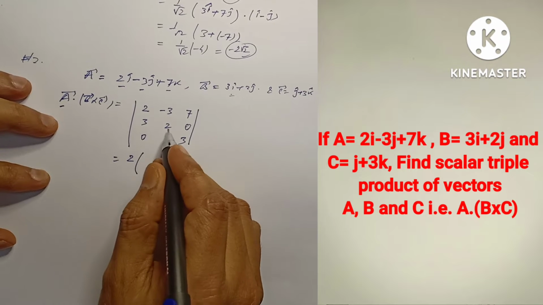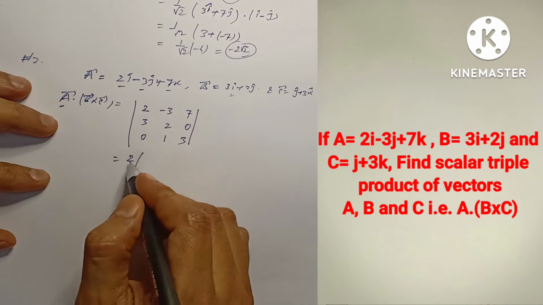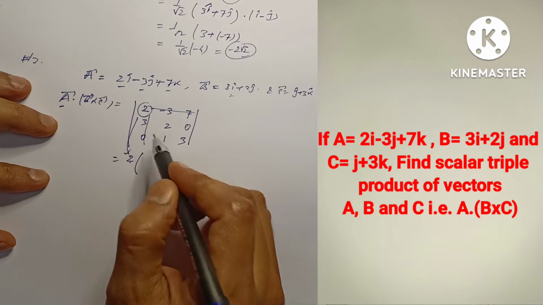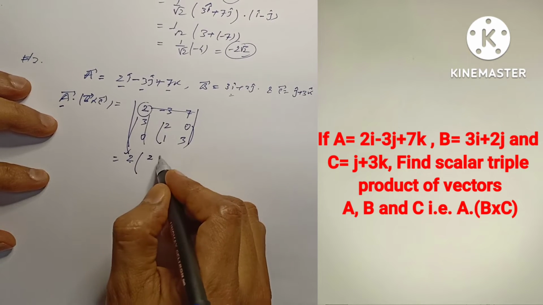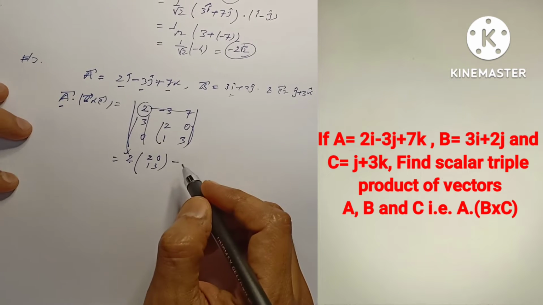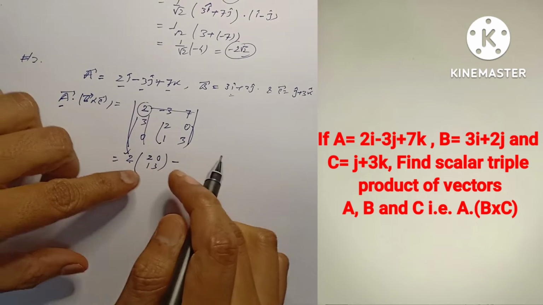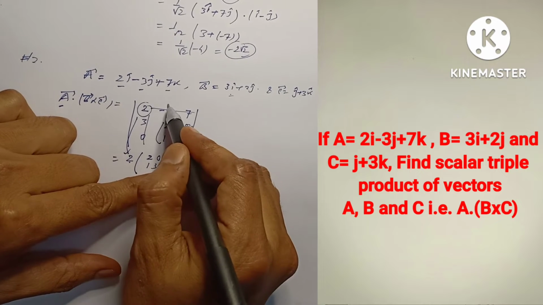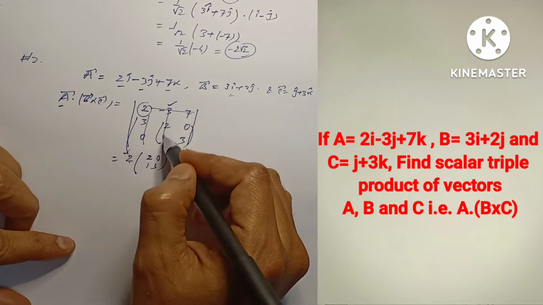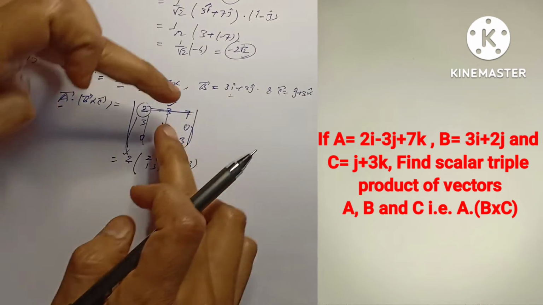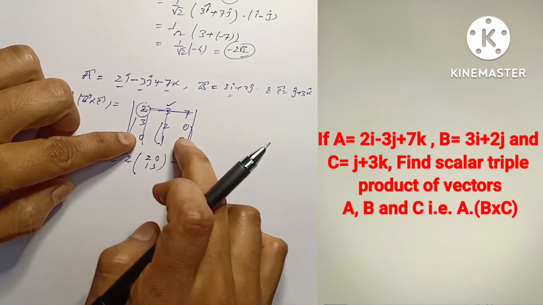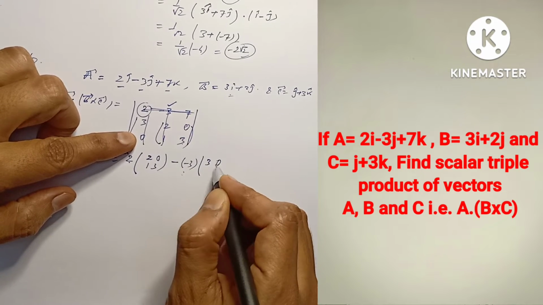So how can we get this? First, 2: skip its row and column, and the remaining part will be 2, 0, 1, 3. Then the second will be negative, first positive then negative, so minus 3, skipping its row and column, and the remaining 3, 0, 0, 3 will be there.